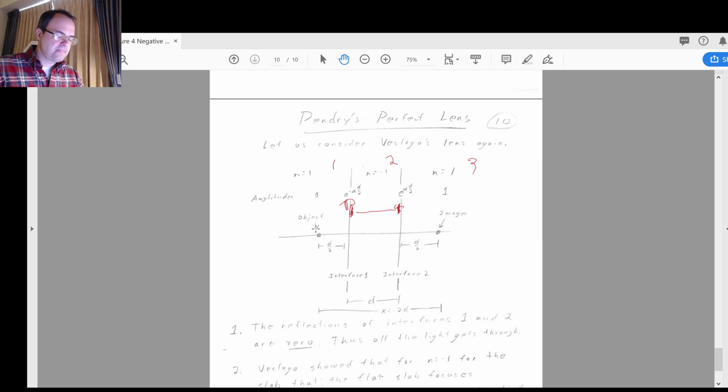So what happens is that an evanescent wave starts at the object, in this case that's d over 2 away from the interface of the slab. And then it hits the interface and then it has no impedance, so all the energy gets in. But it's exponentially decreased in amplitude by a factor of e to the minus alpha d over 2.